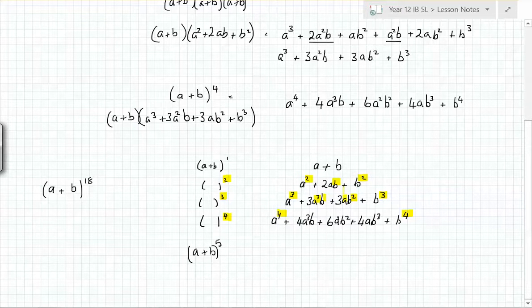Which link makes 3? And here, a to the power of 3, b to the power of 1, a to the power of 2, b to the power of 2, 1 and 3. Does the same thing work? Does it make 4?